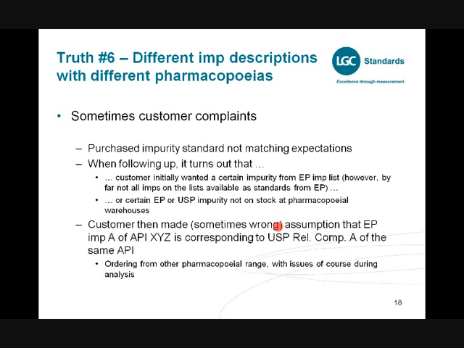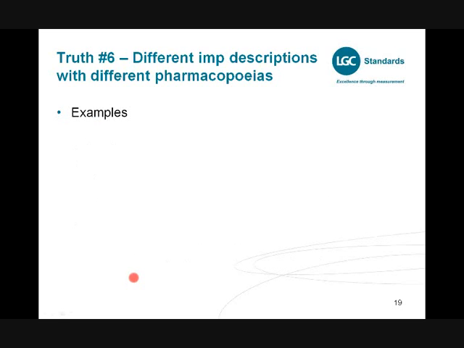So if he is thinking that impurity A of API XYZ corresponds to related compound A of the same API, then of course issues can come up when you do the analysis. In the next slides, I show you a few examples for that.